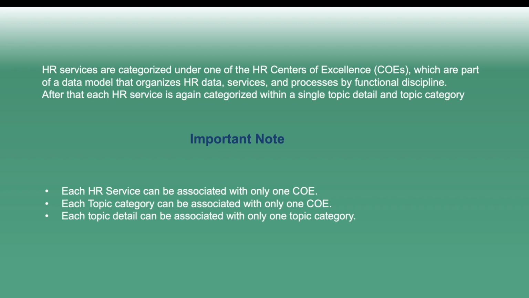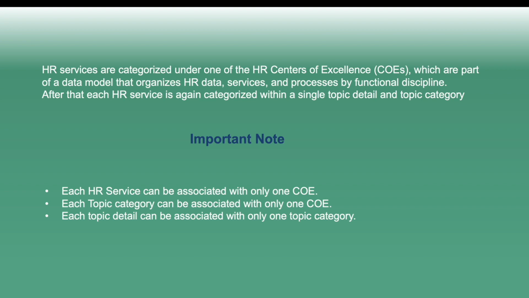After that, each HR service is again categorized within a single topic detail and topic category. I have already discussed the data model in my previous video. I suggest you watch that video for a good understanding. I have provided a detailed explanation of COEs, topic category and topic detail.